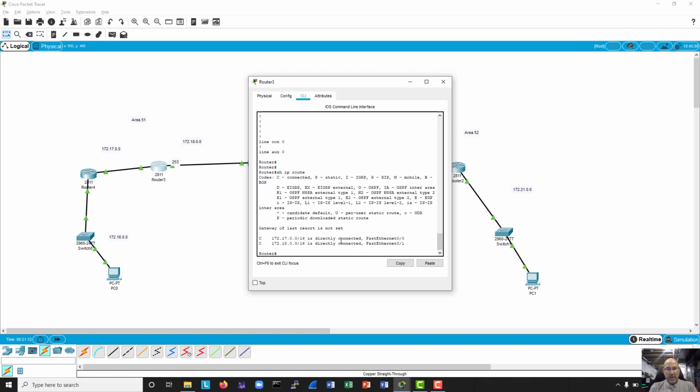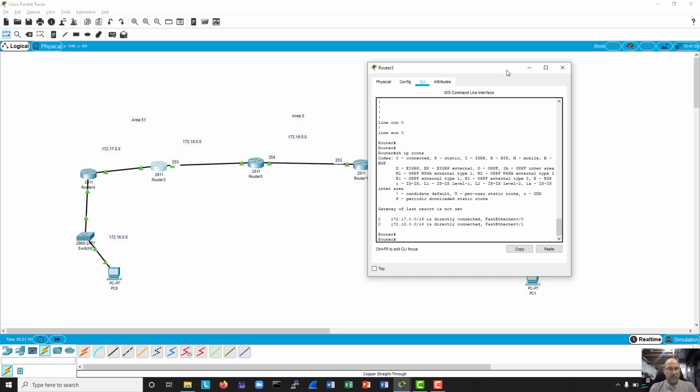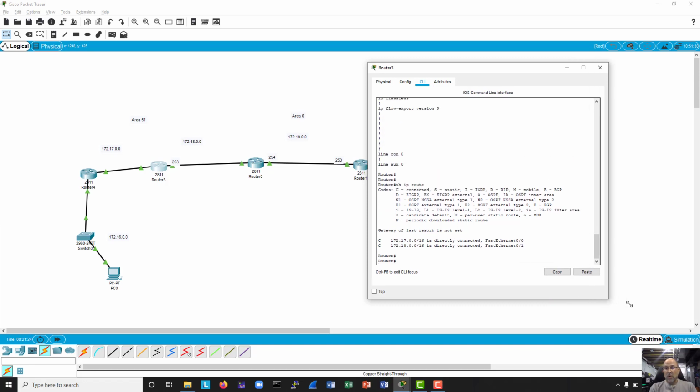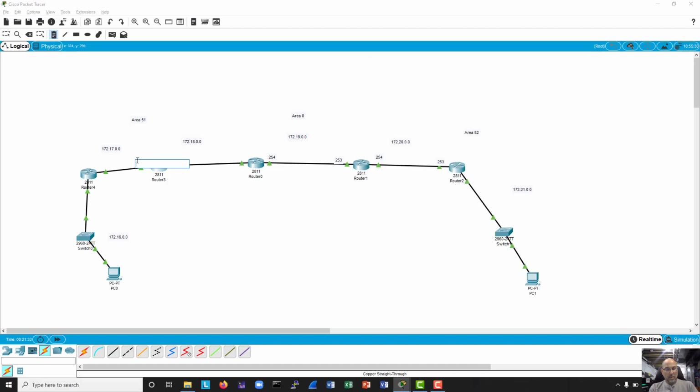Now, if OSPF sort of quits talking on you, so this is router 3, then what you can do is you can reload the OSPF process, or you can clear it and get things talking again. So this is 254.